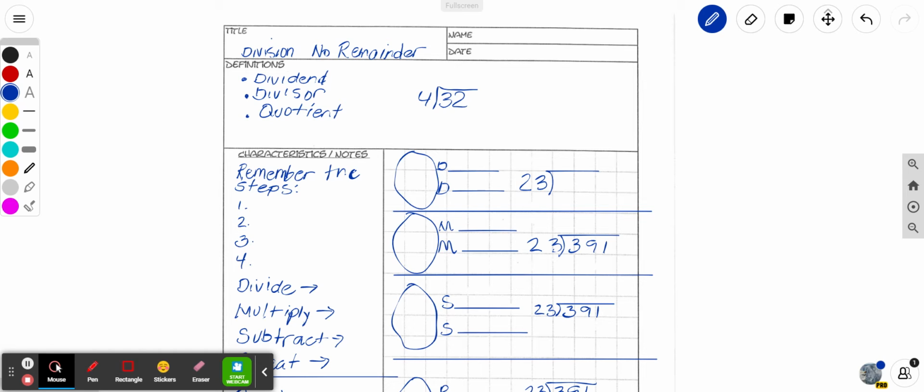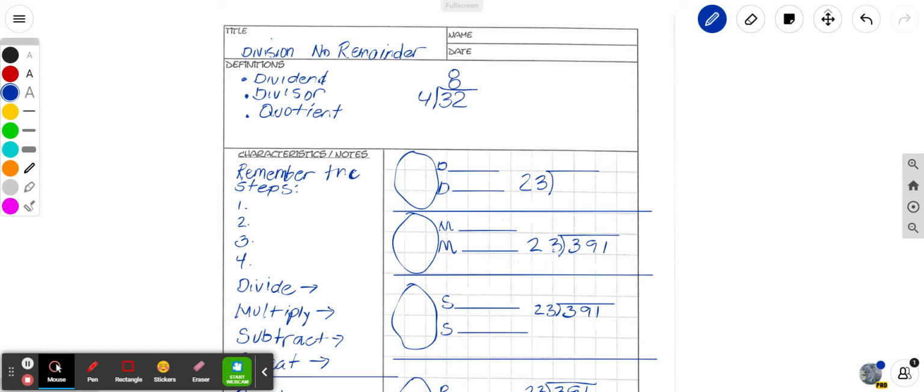be filling it in. So in the definitions section, I want you to write down the terms dividend, divisor, and quotient. And then instead of writing the definition, we're just going to draw lines to what these terms mean.